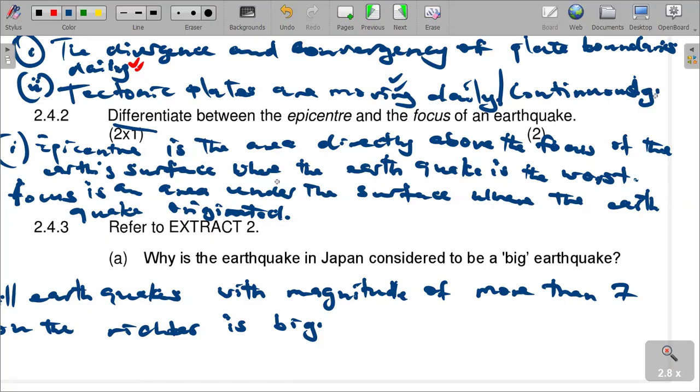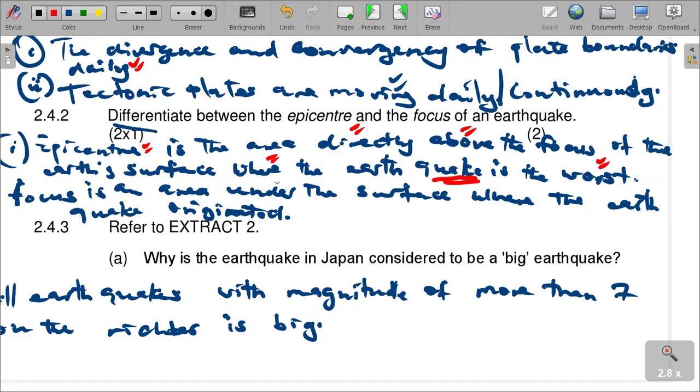Differentiate between the epicenter and the focus of an earthquake. I have already made some points and notes when I was preparing. The epicenter is the area directly above the focus on the Earth's surface, the position where the earthquake is felt the most.